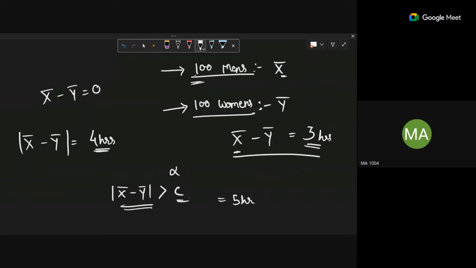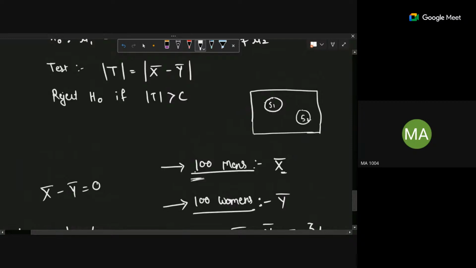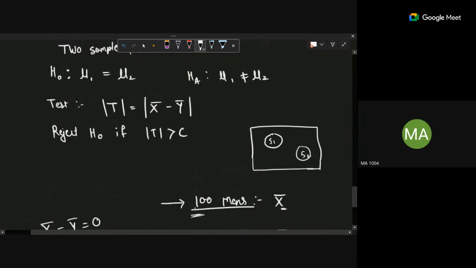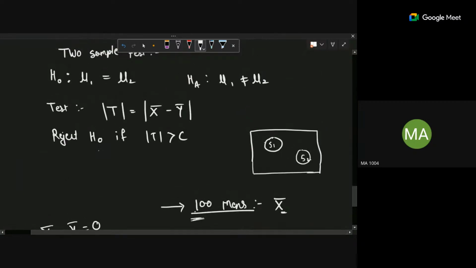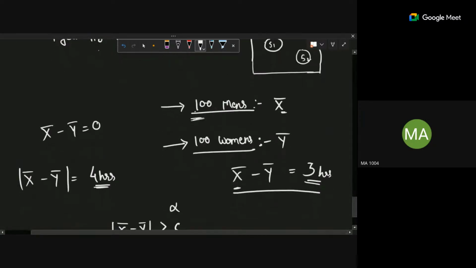So we should have some window for this difference. That's why we say that if the difference x bar minus y bar exceeds some value c, we will reject the null hypothesis. That means we will say that the time spent by them is not equal, because the difference between the average times is too much, right?